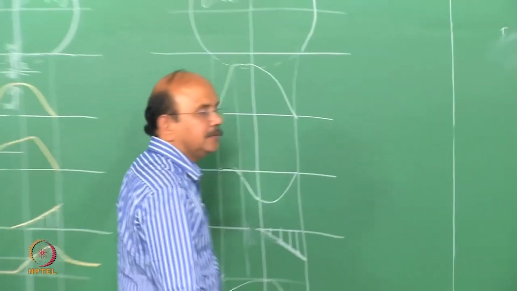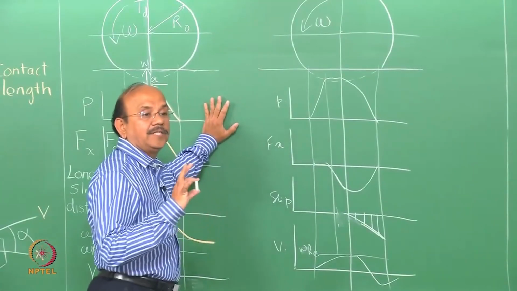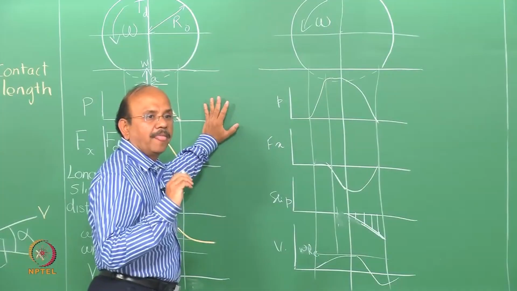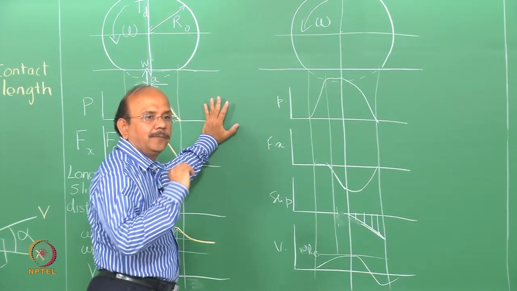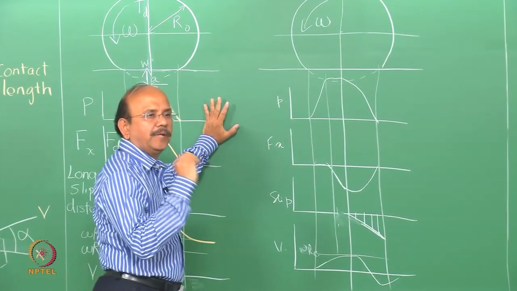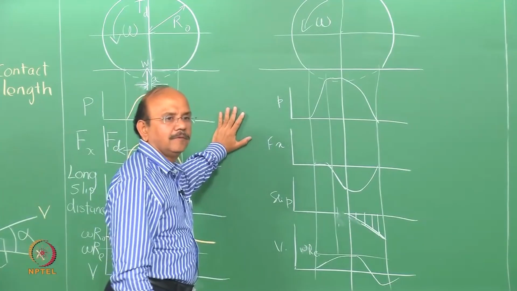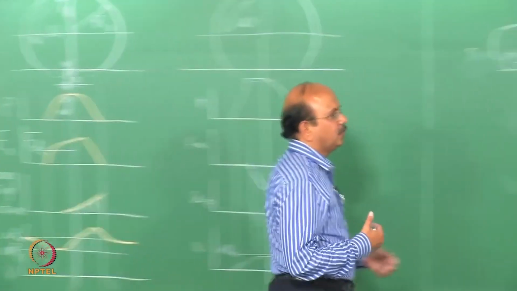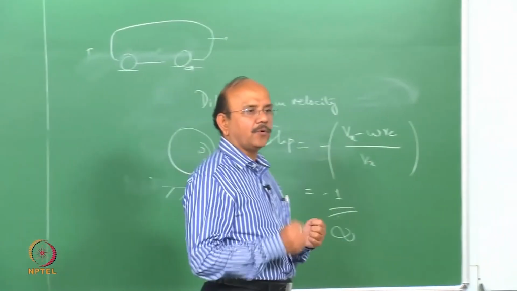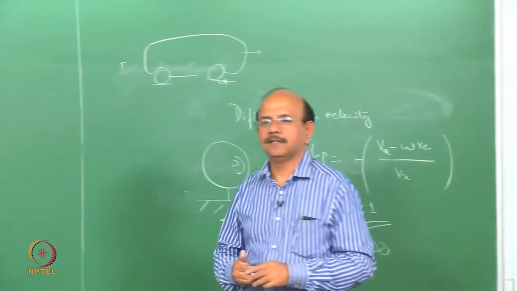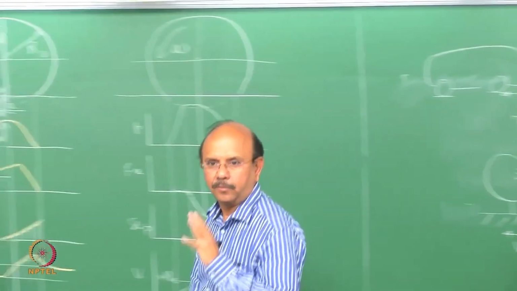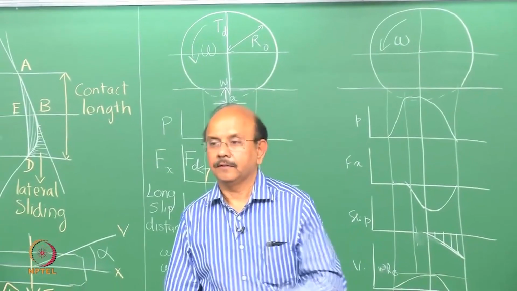Now let's understand this and appreciate that there are very beautiful micro mechanisms happening in the tire. In fact, there's a lot of, I would say, race between various quantities which decides how the tire is going to behave. Clear?